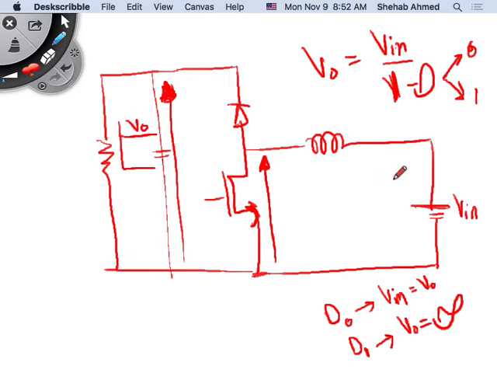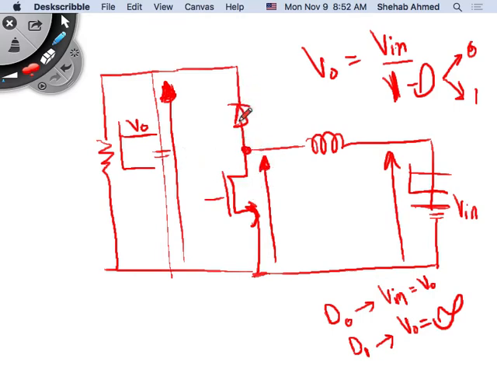And then here the input voltage is V input, nice flat DC, and here the waveform when the switch is on is 0, and when the switch is off, the diode is on.